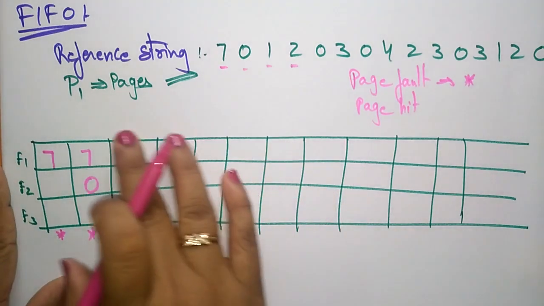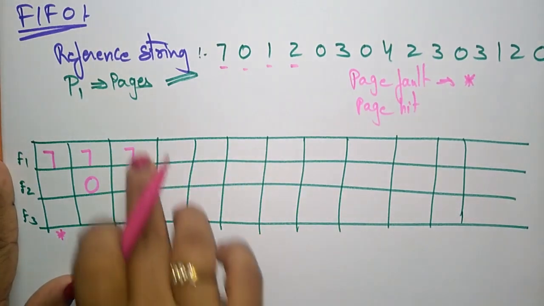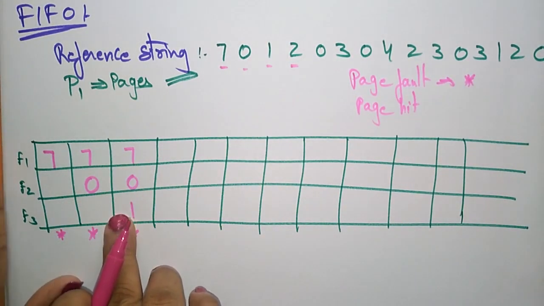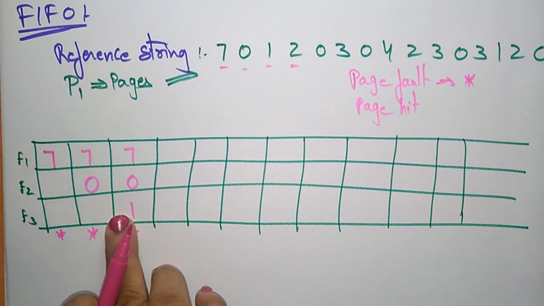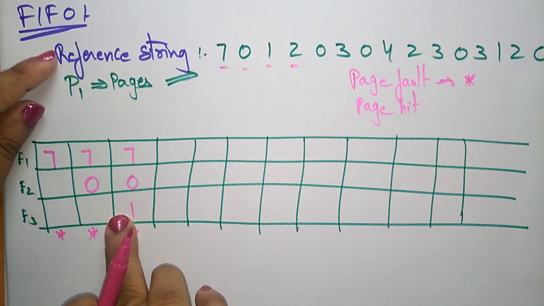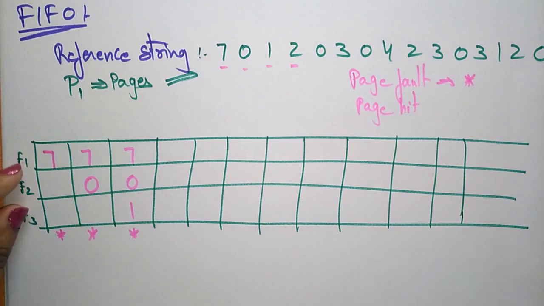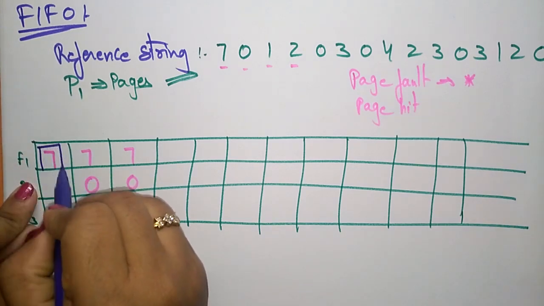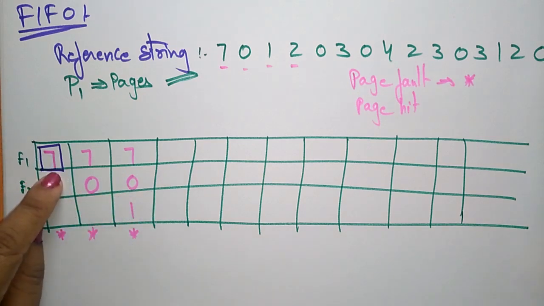But the main memory is already full. So what will it do? It has to replace a page. What will this concept FIFO do? First in, first out. What is the item that was placed first? The first item we placed in the memory is 7.